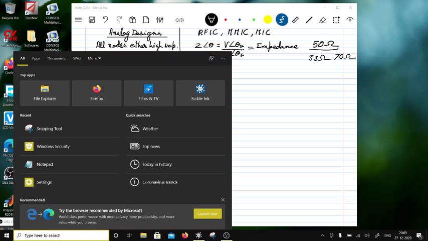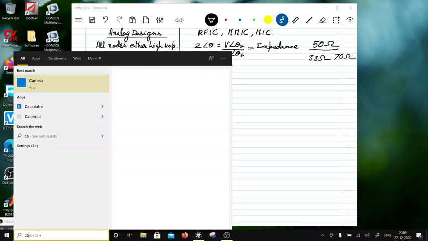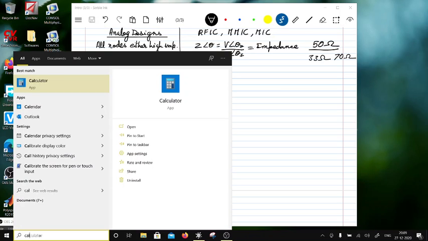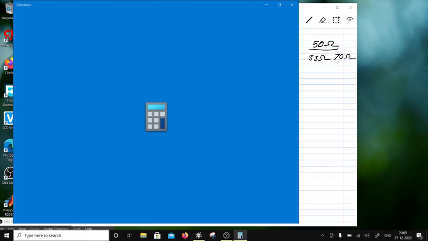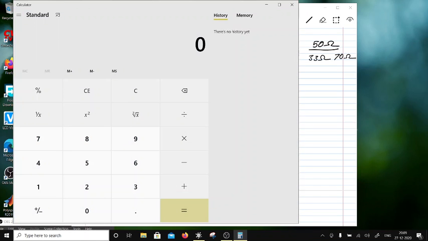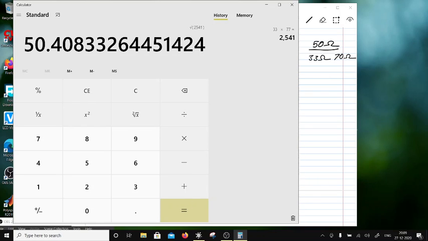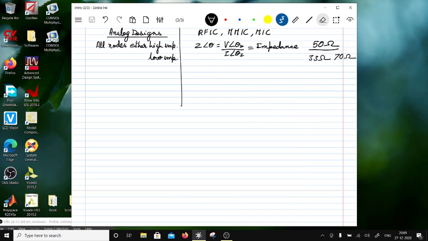I don't want to misreport something. Let me do this before I misreport to you. 33 into 77, and if I do a square root of that, that's 50. Yes, so it is 77 ohms.